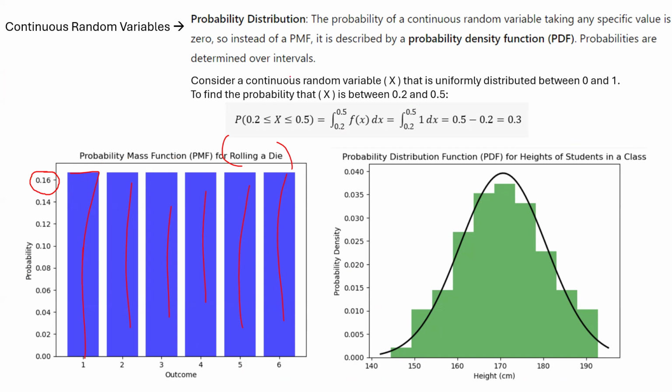And when you're talking about continuous random variables, you cannot actually specify each value, because as you have an infinite number of values, the probability of getting any value is always 0. So just look at this probability distribution.